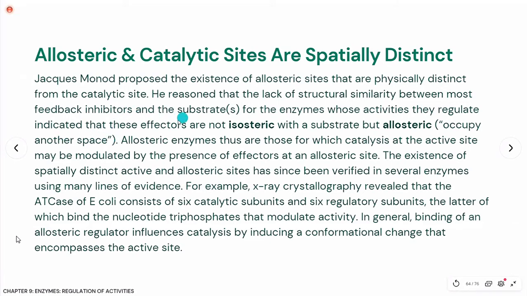It should be far. So the regulation site and the catalytic site, where catalysis occurs, are separated, spatially distinct from each other.